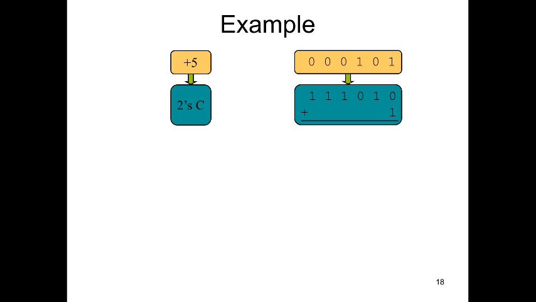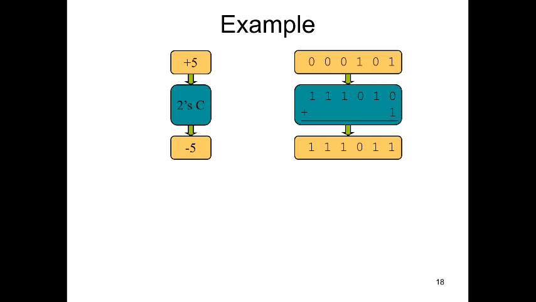Here he had 0 0 0 1 0 1, so 1 is converted to 0. I mean, first he made the 1's complement. He replaced 1's with 0's and 0's with 1's, then he added 1. After adding 1, whatever we get will be minus 5.